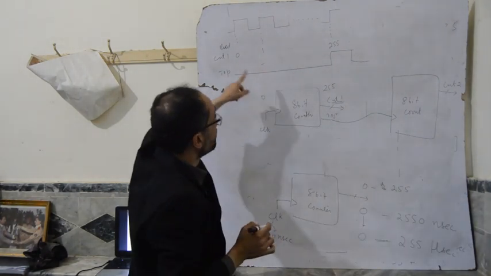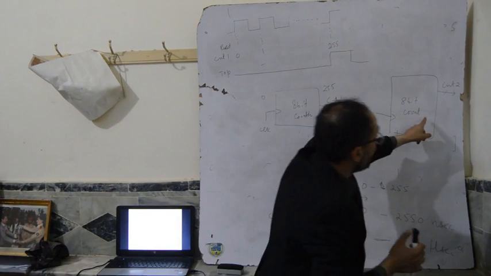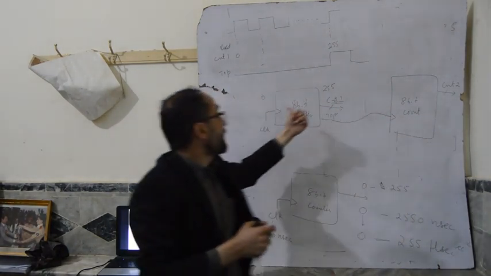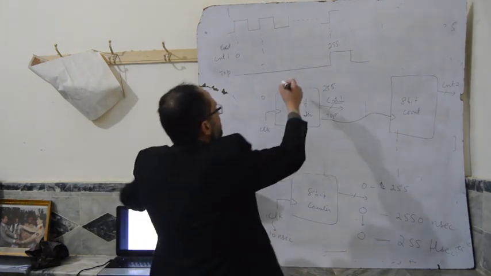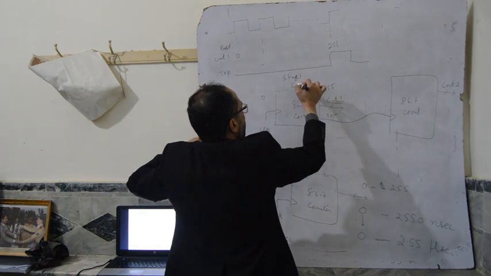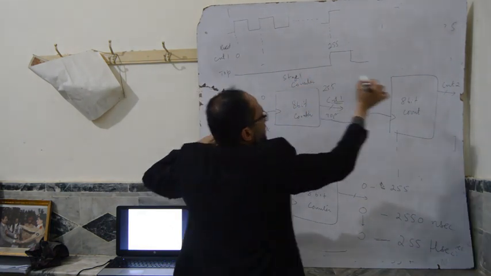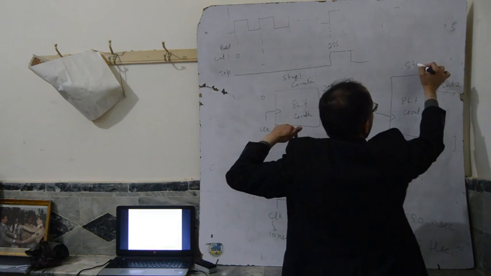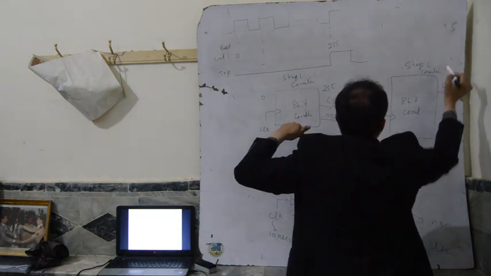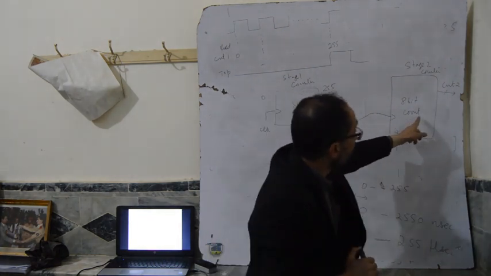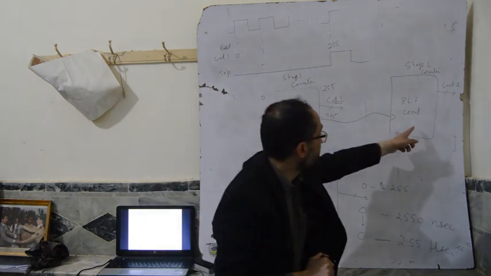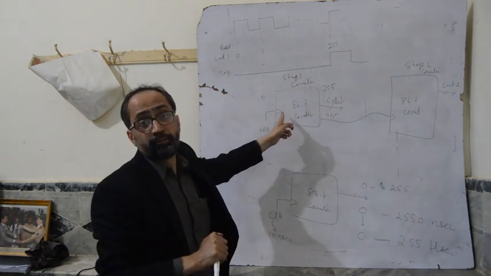So this second counter will count how many times the first counter overflows. This is the stage 1 counter, and this counter is the stage 2 counter. So the stage 2 counter will count the number of times the first counter is overflowed.